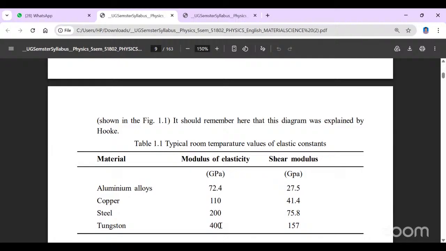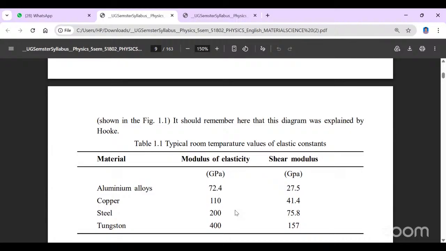We have about 400 GPa, that is gigapascals. This is the value of the modulus of elasticity, and we also have the shear modulus, which also has its highest value for tungsten. That means the modulus of elasticity is more in the case of tungsten.